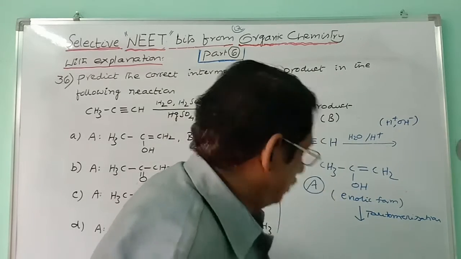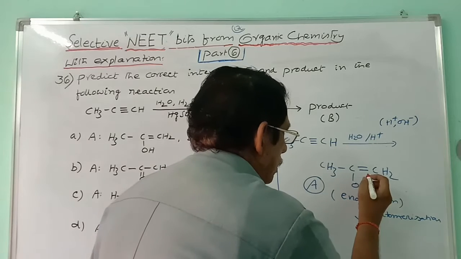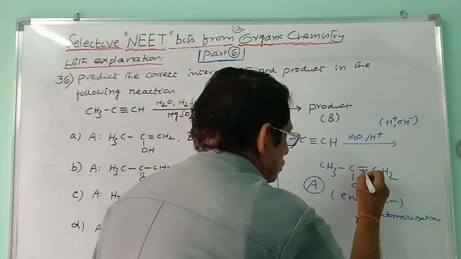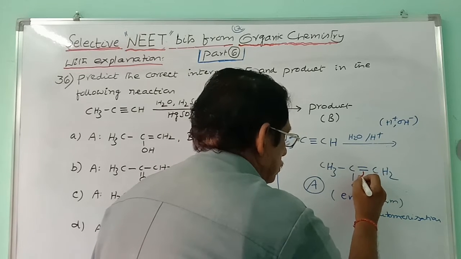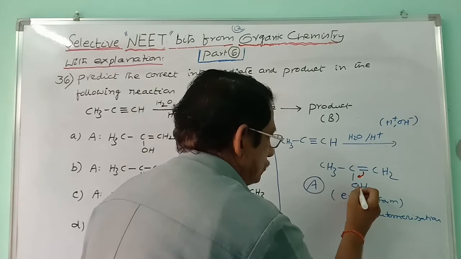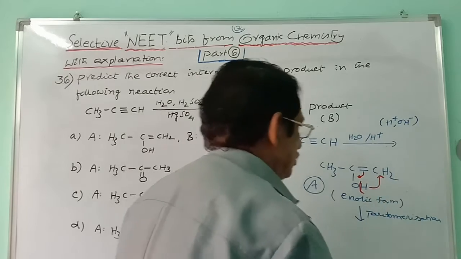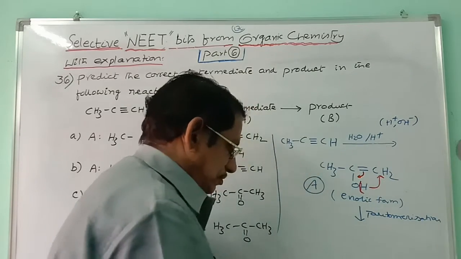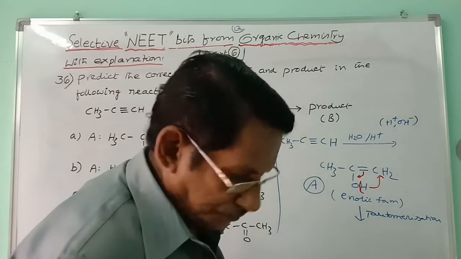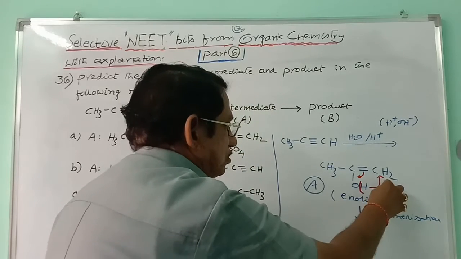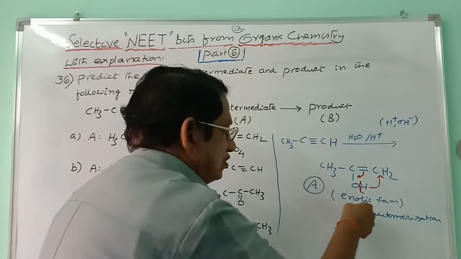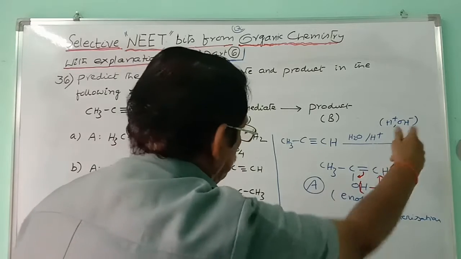You can take it in this manner. The bond is shifted like this. The double bond forms, the H is separated and goes to the CH2. This is the enolization and the keto form conversion. And so when H goes to the carbon, it becomes CH3 and this will be converted into C double bond O.